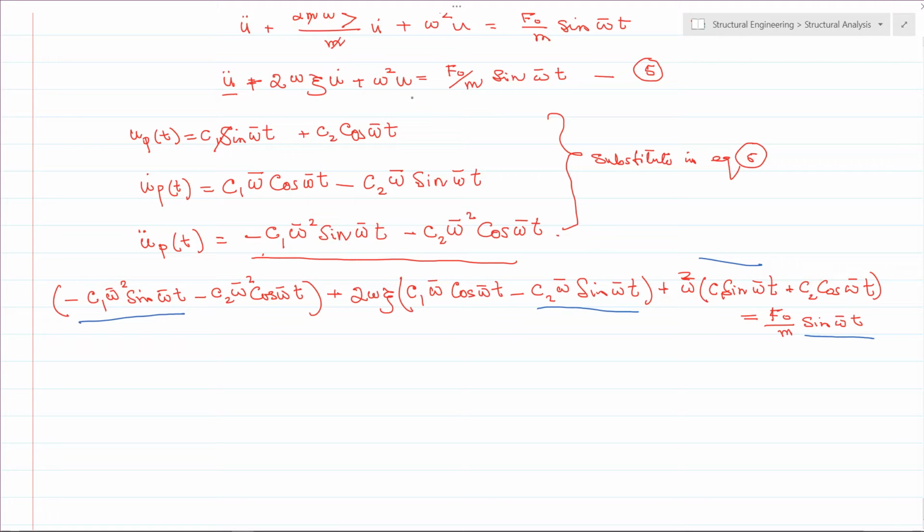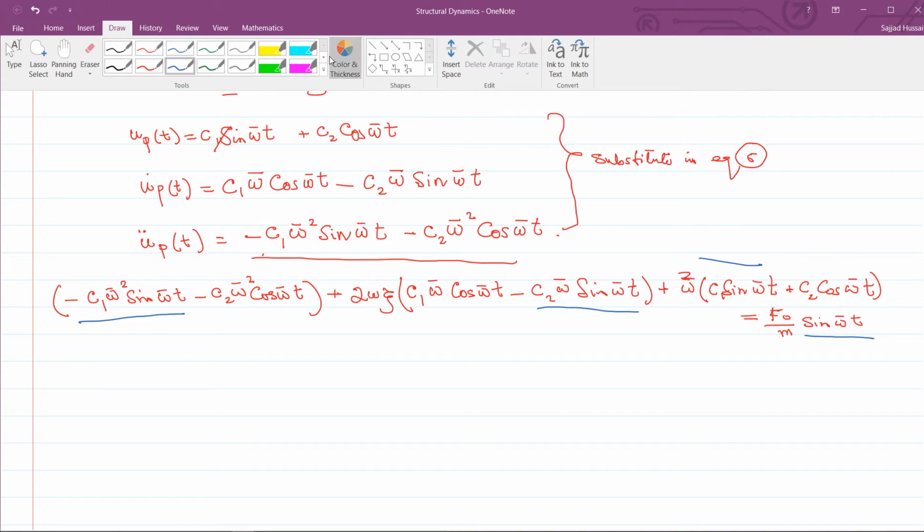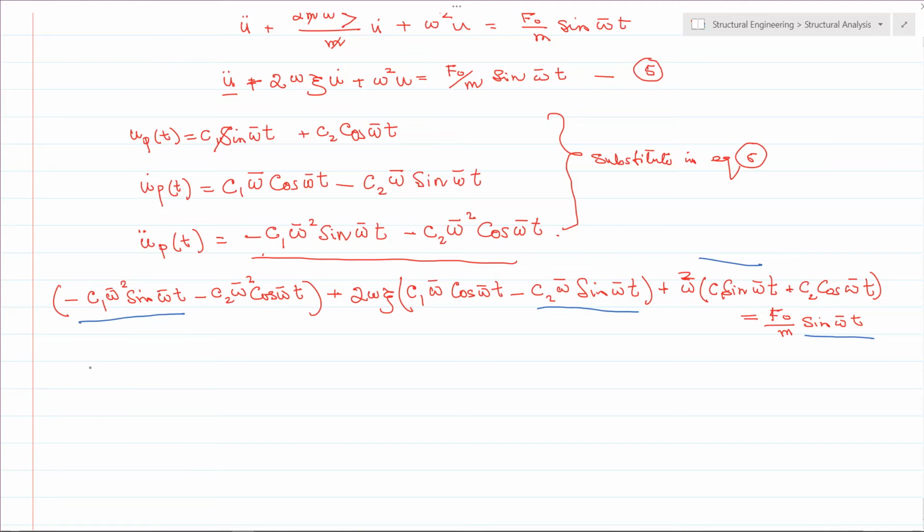So we can compare the coefficients. That means minus C1 omega bar square, right?